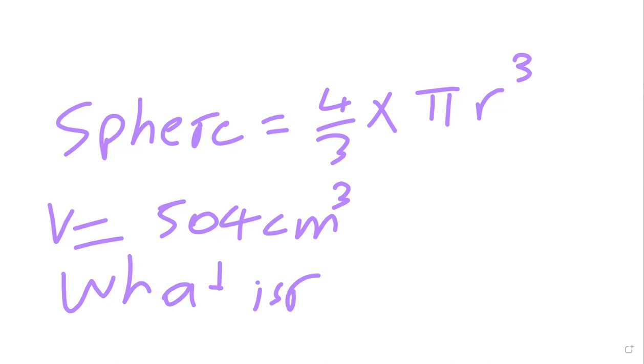It's the same way we just solved for the height with the cylinder. No big deal, the concept is very easy. All I need to do is substitute my values into my formula.